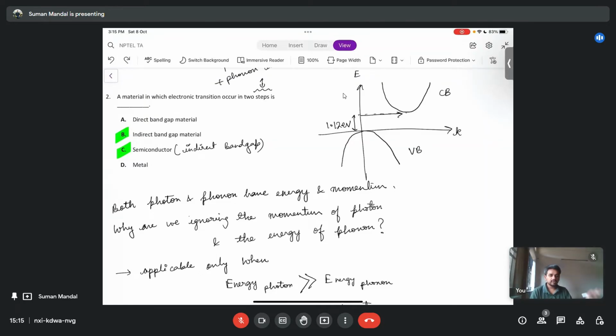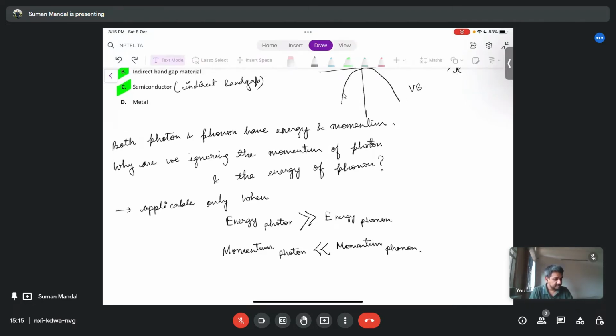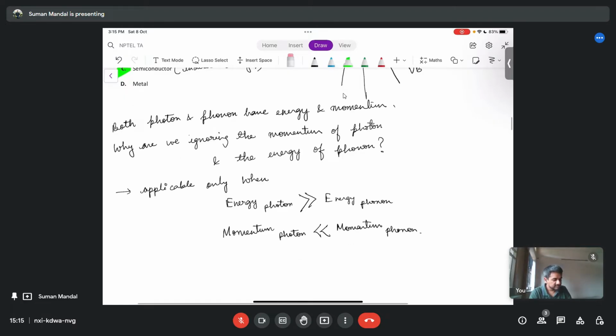Now I just want to talk about the energy and momentum. Why are we ignoring these things? We will actually calculate this. We'll show that the energy of photon is much larger than the energy of phonon, and the crystal momentum of photon is much smaller than the crystal momentum of a phonon. We'll just solve it.